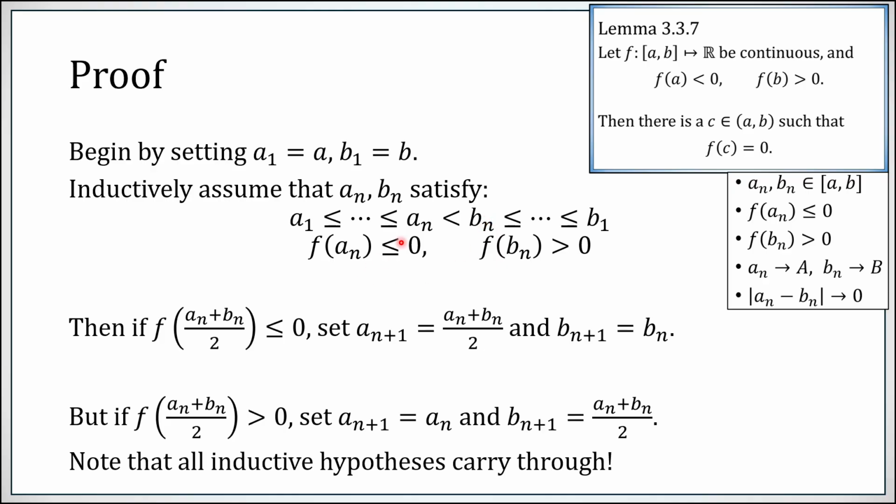We're specifically fixing one of these two to remain unchanged while making the next point chosen to be a midpoint of the two. So this increasing a's versus decreasing b's and never crossing each other will be carried through. And how do we pick whether we keep the a the same or keep the b the same? In order to very specifically maintain these inequalities along our sequences.